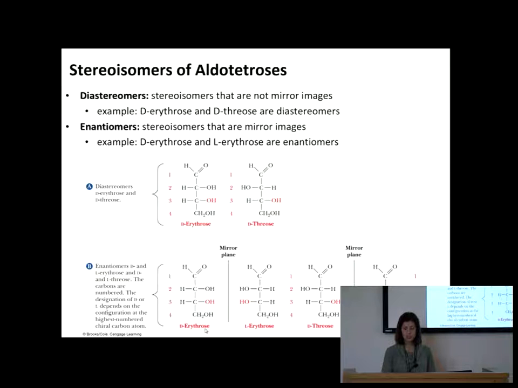No. The -ose ending just means a sugar. The eryth is just someone's whim. And the D means that this is on the right. So what they did is they identified or named this sugar that they found somewhere, and then they said, okay, the L is going to be the mirror image of the entire thing, not just in that last carbon.